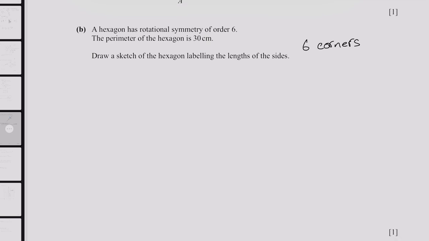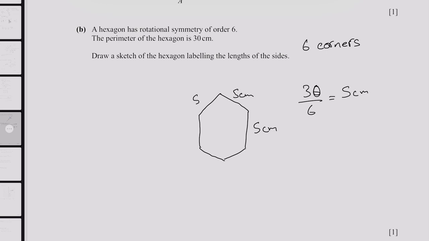So let's draw. Okay, and the perimeter is 30. We have 6 sides, so 30 divided by 6 is 5 centimeters. So all the sides are 5 centimeters.